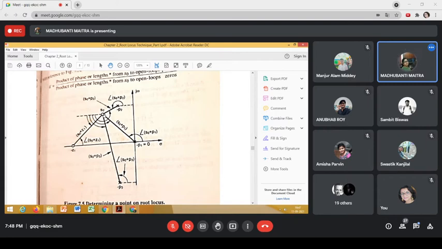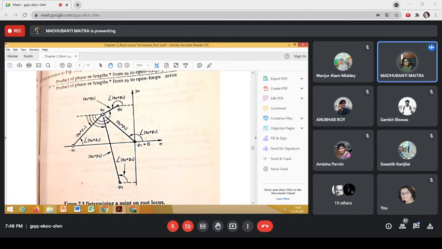If a point on the S-plane is a root of the characteristic equation, in other words, if the root locus passes through that point, then we call that point an on locus point.